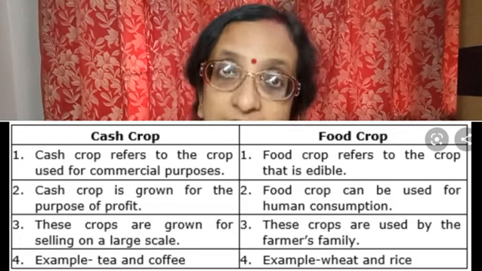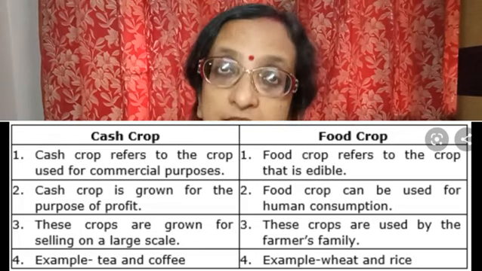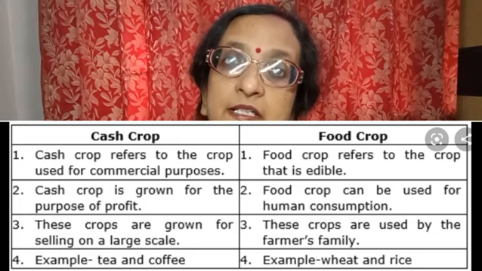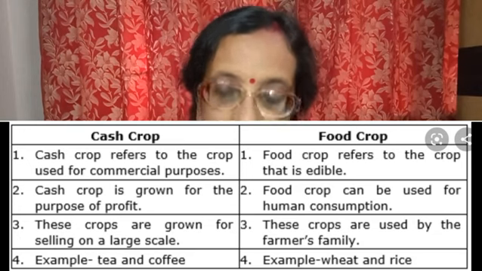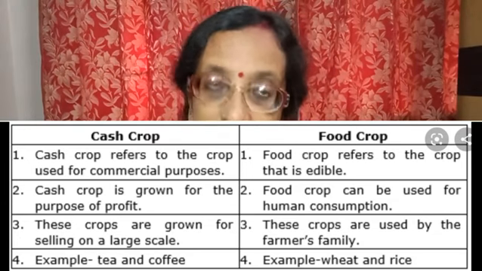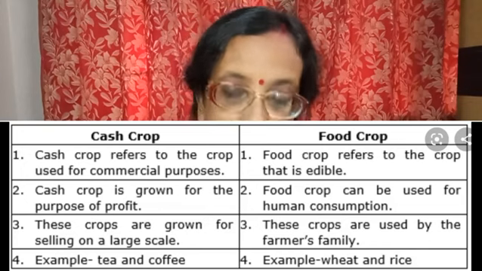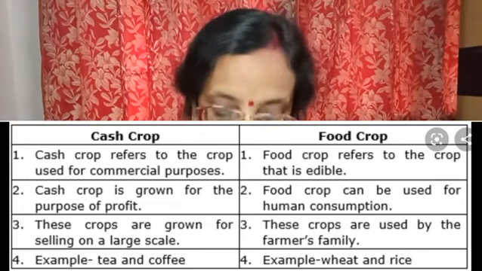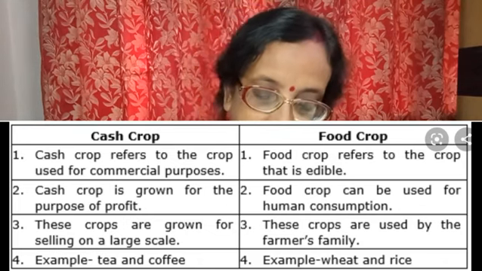Cash crops are the crops which are mainly used as raw materials for industries. These crops are sold in the market for making other products. For example, sugarcane, cotton, jute and oilseeds.